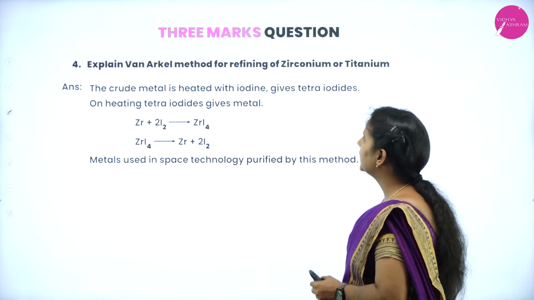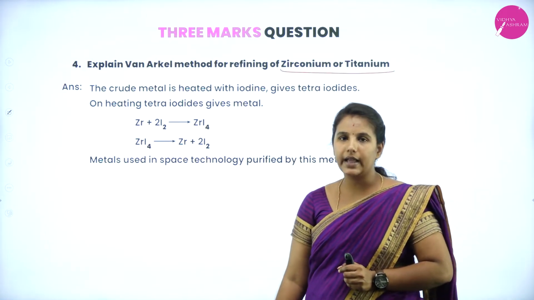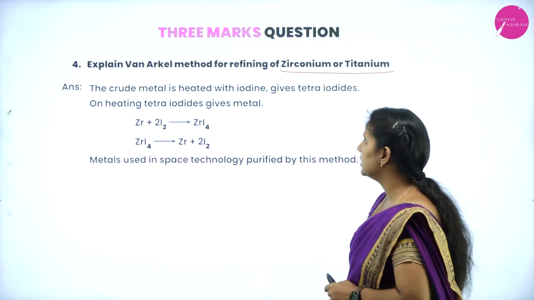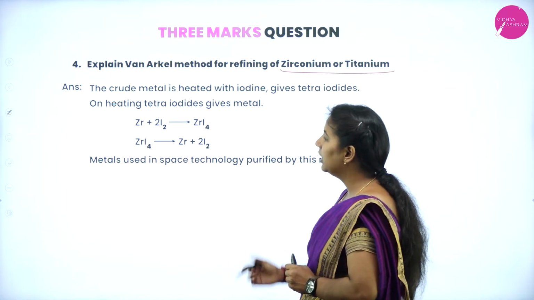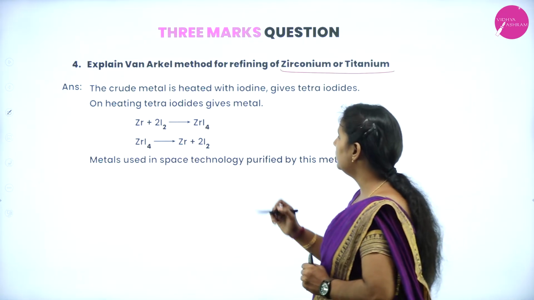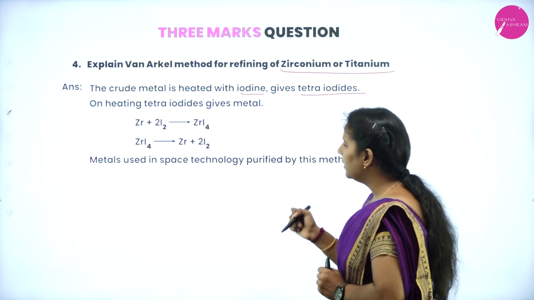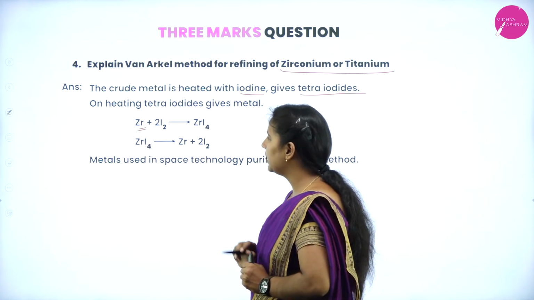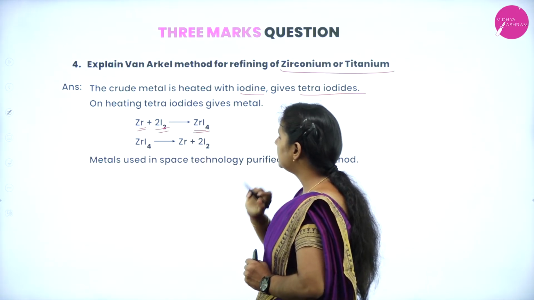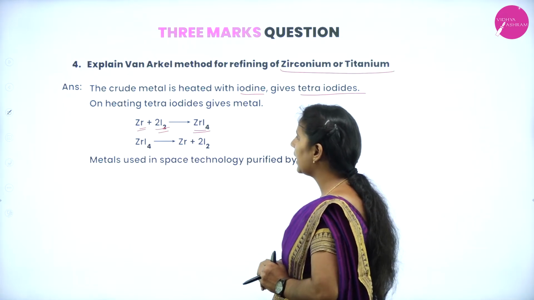Next question. Explain the Van Arkel method for the refining of zirconium and titanium. In this process, metals such as zirconium as well as titanium are treated with iodine to give a tetraiodide. Here I have shown the reaction with zirconium, which is treated with iodine to form zirconium tetraiodide.